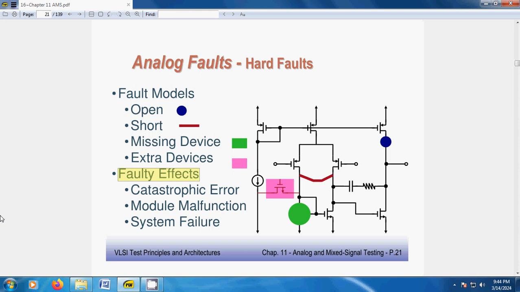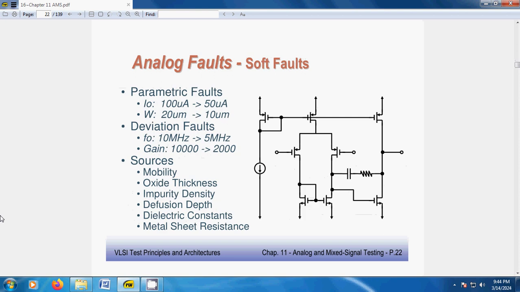Next is soft fault. These are the faults that are acceptable to a particular level. They do not create any catastrophic faults, but reduce the effectiveness or the reliability of the IC to a particular level.